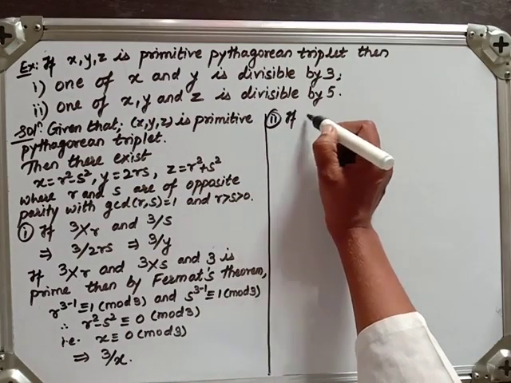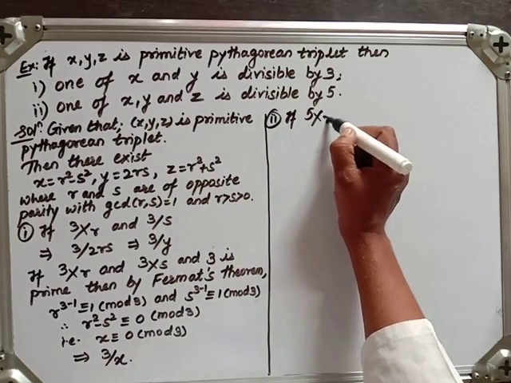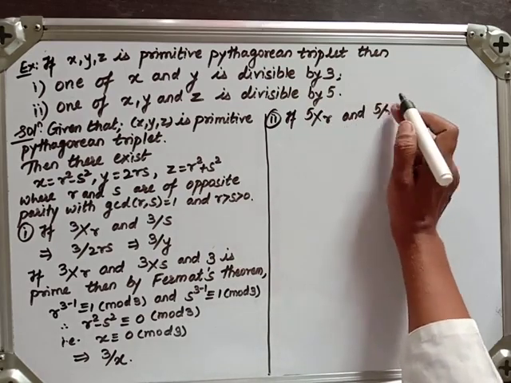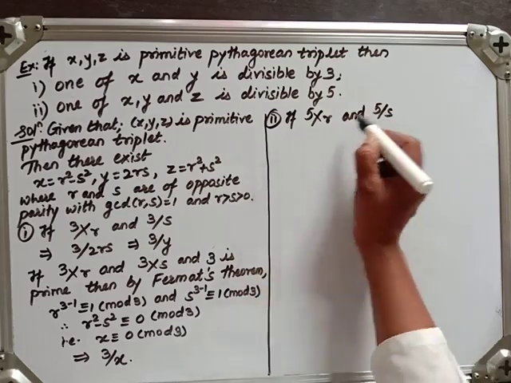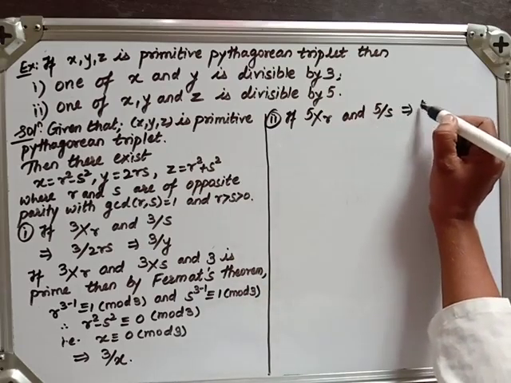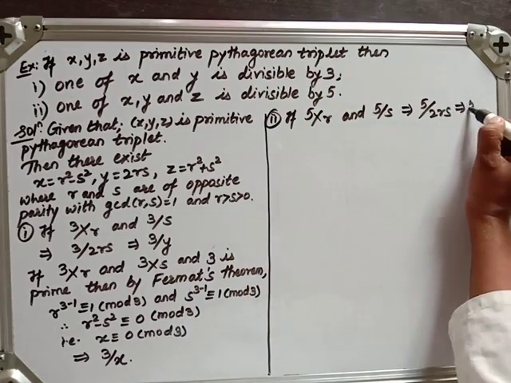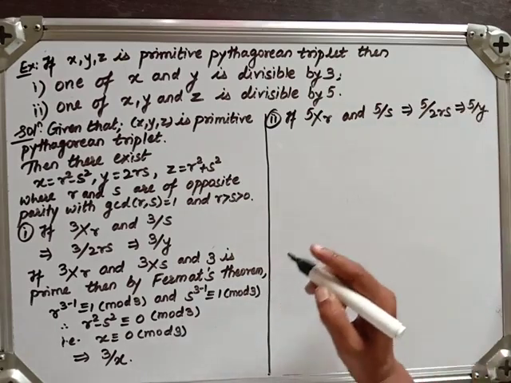Now, second part, if 5 doesn't divide r and 5 divides s, this gives 5 divides 2rs, that is 5 divides y.